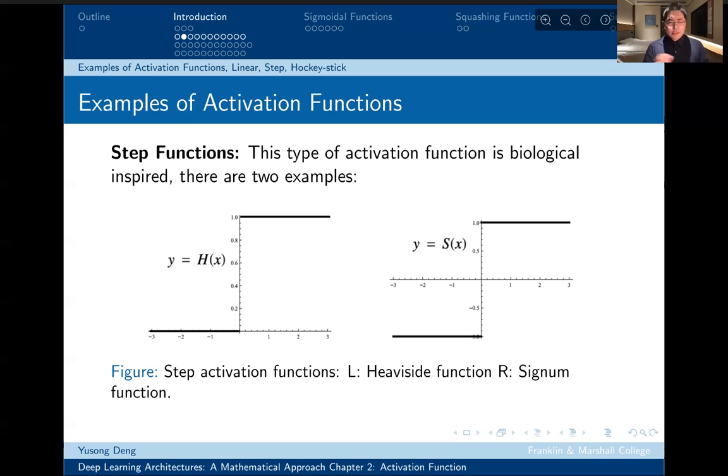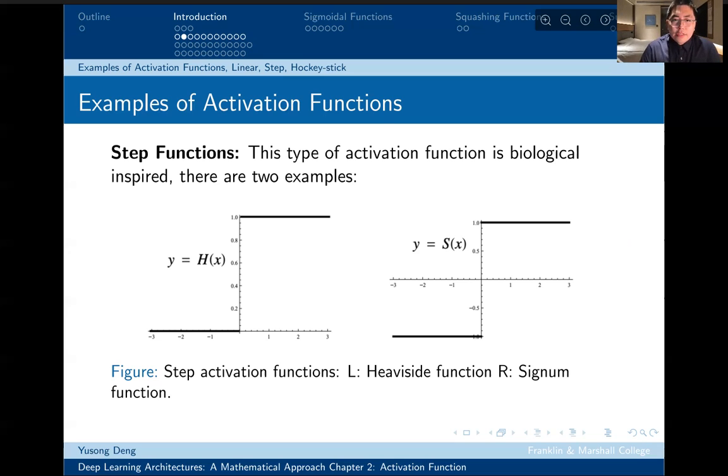When you receive, for example, a signal for pain, you have to accumulate enough chemicals between neurons, I'm not a chemist, but I think so, so that the next neuron can feel okay, this is what the former neuron tells me. So that is what I mean by biologically inspired.